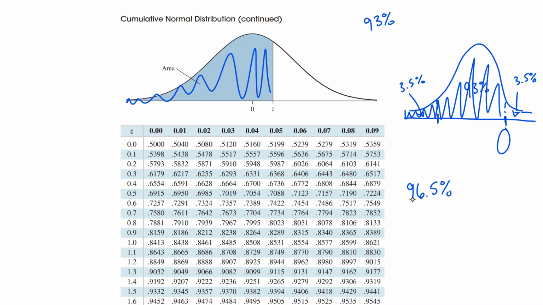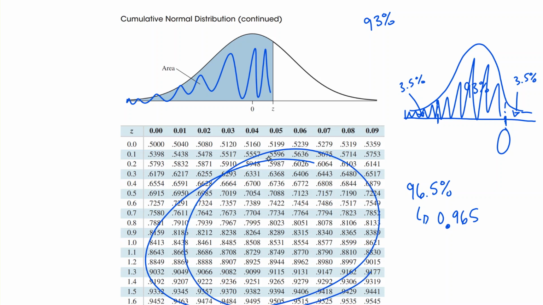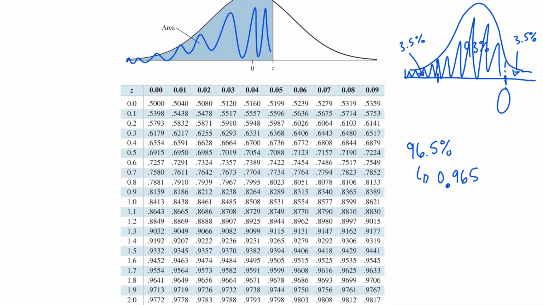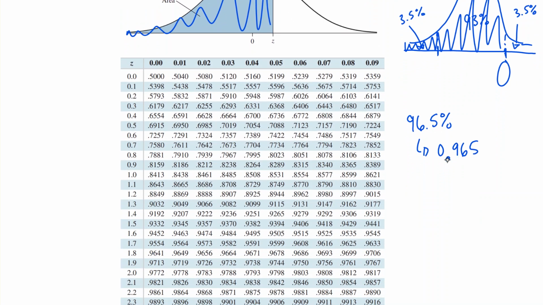Now, as a decimal, that turns into 0.965. So I would look inside the area. Remember, now I've got area, so I'm looking in the middle and then finding the z-score. I'm going to look to see where I see something closest to 0.965, and that's my z-score. It looks like this is the closest I'll get, 0.9649.